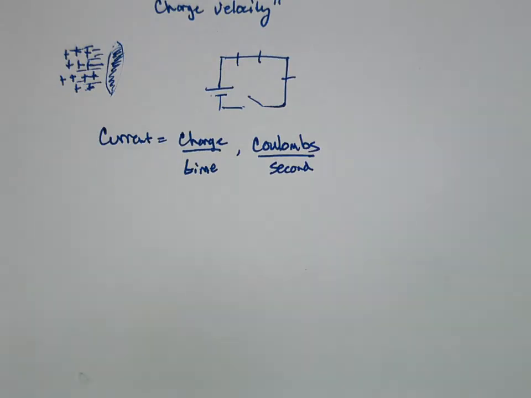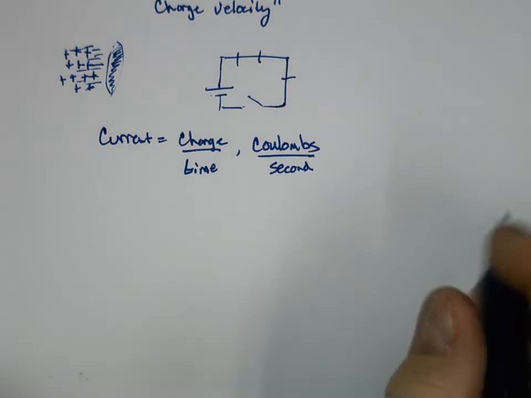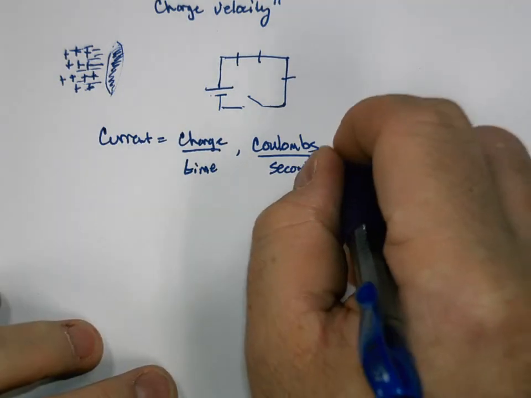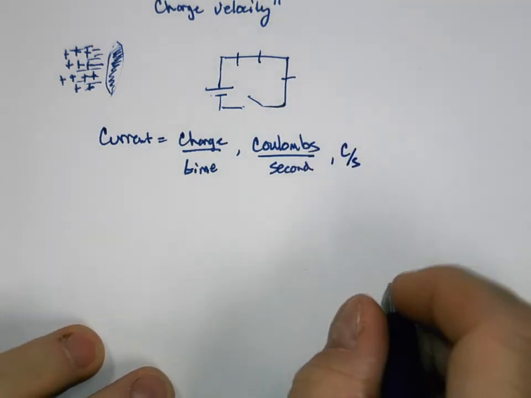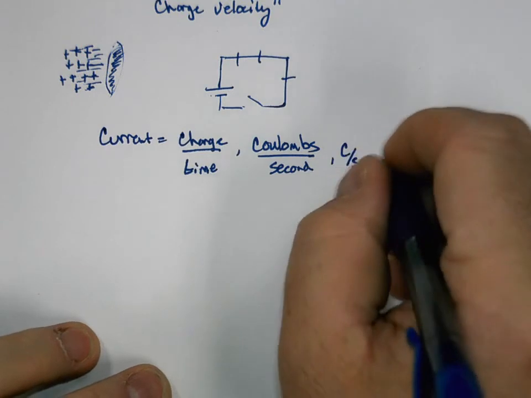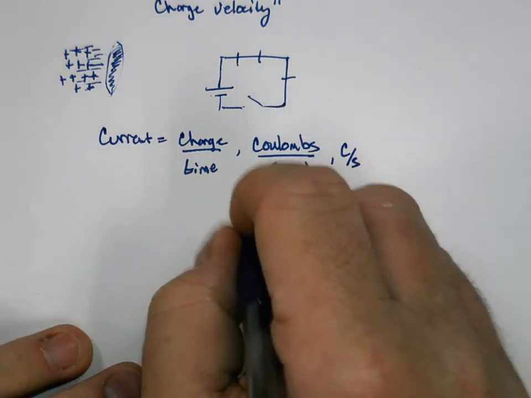Now think about this. Our electronic devices deal in coulombs per second. In fact, this actually has a unit. A coulomb per second, 1 C per s, is called an ampere.